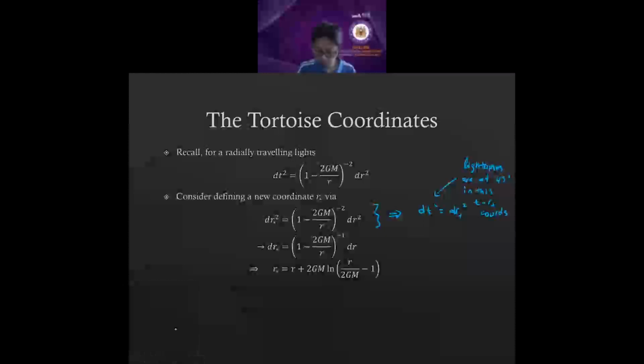So next, in going from the first line to the second line, I have implicitly required that r star increases as r increases, which is why I'm ignoring the other negative sign.